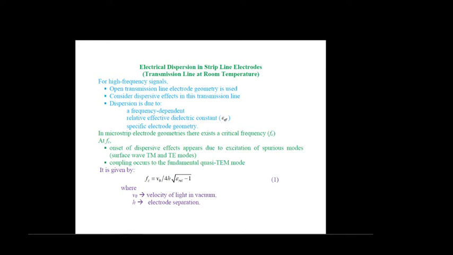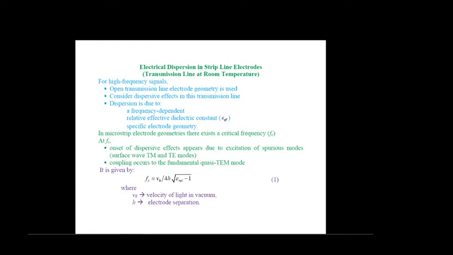First we start with the transmission line placed at room temperature. This demonstration is reported in a paper by Valdmanis et al. So here we come to discussing the electrical dispersion in strip line electrodes.